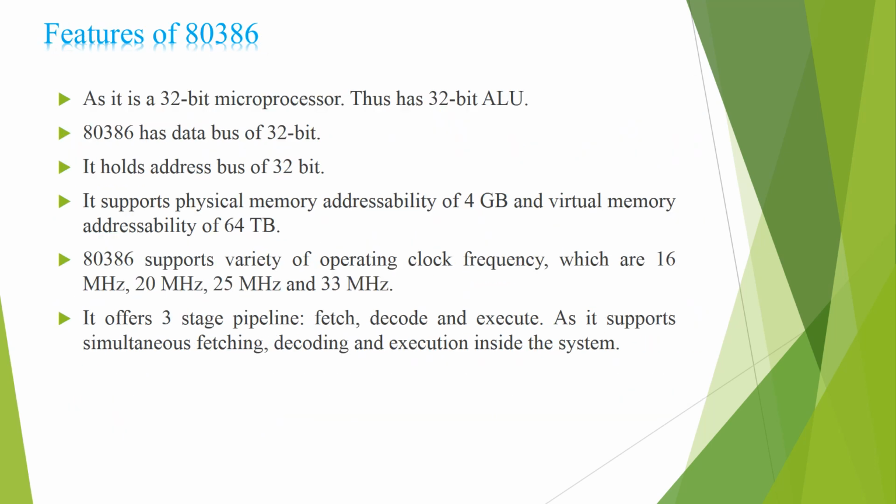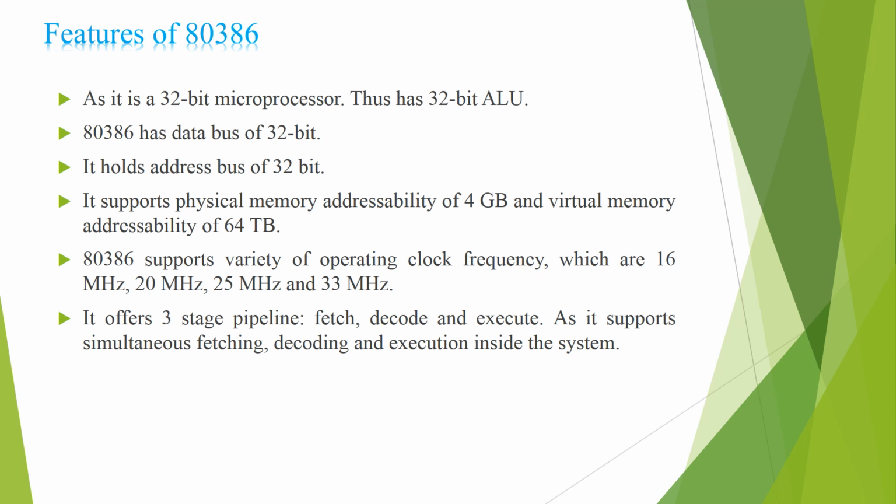Now the features of the 80386 microprocessor. It is a 32-bit microprocessor, so it has a 32-bit ALU, right? 80386 has a data bus capacity of 32 bits and it also has an address bus with a capacity of 32 bits. It supports physical memory accessibility of 4 GB and virtual accessibility of 64 TB. 80386 supports a variety of operating clock frequencies.